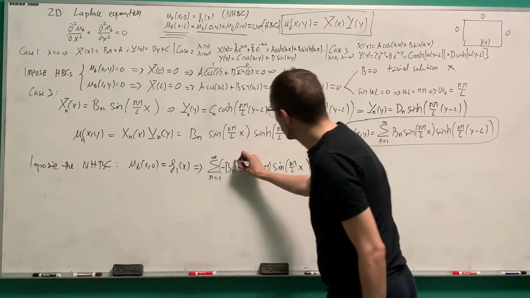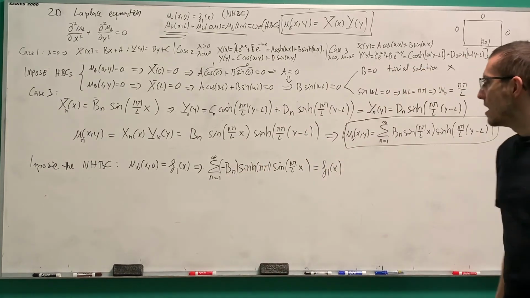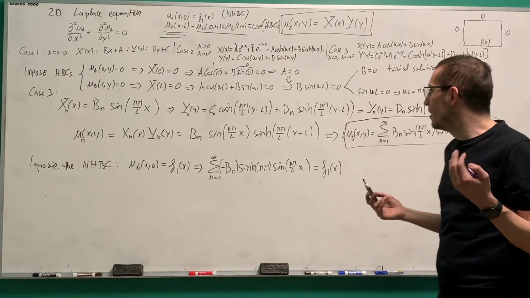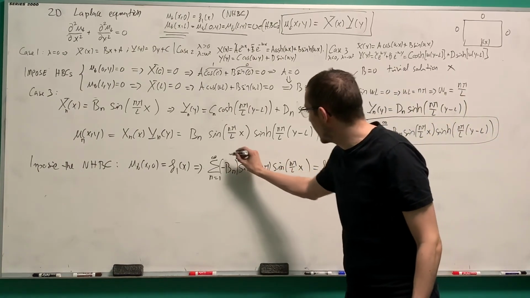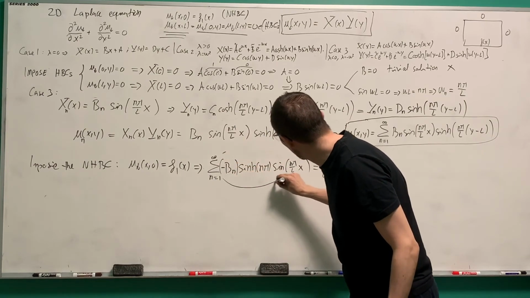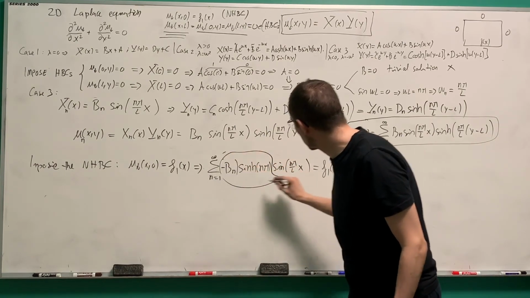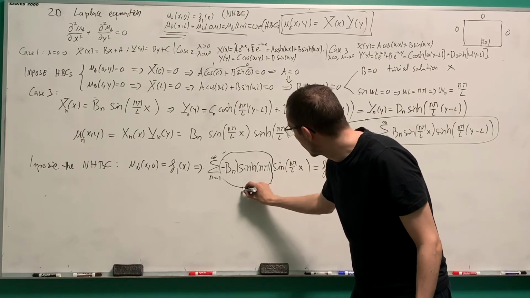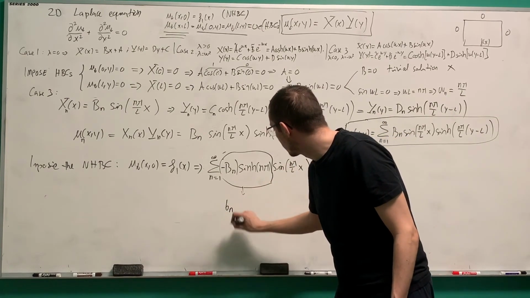All right, so now we know that this is a sine Fourier series. So I know that whatever multiplies the sine, let me call this whole thing that multiplies the sine small b_n, all right?